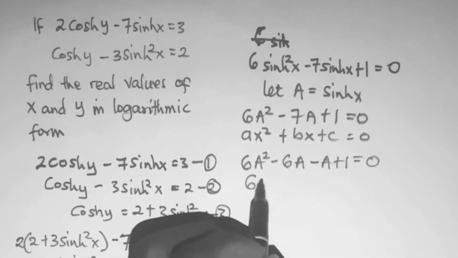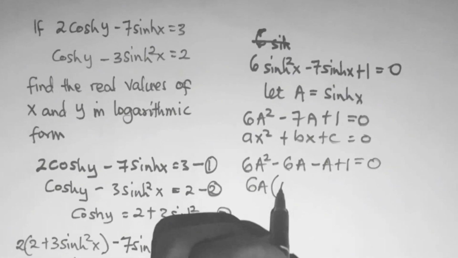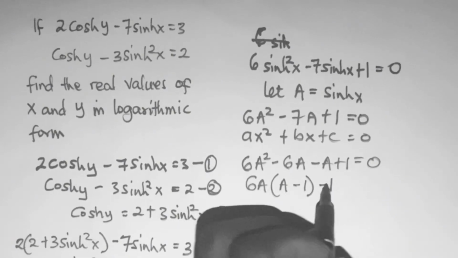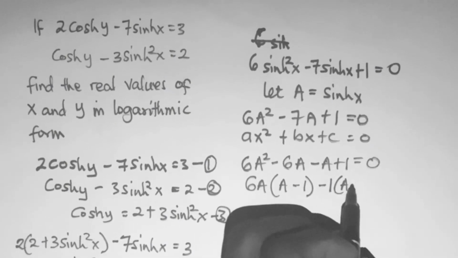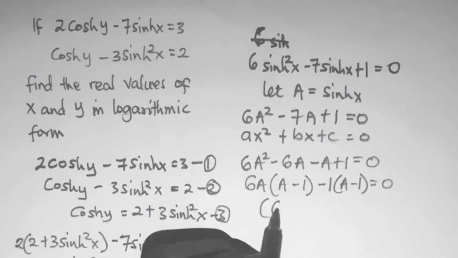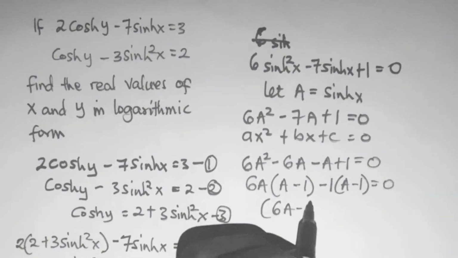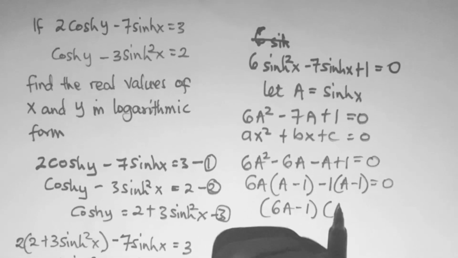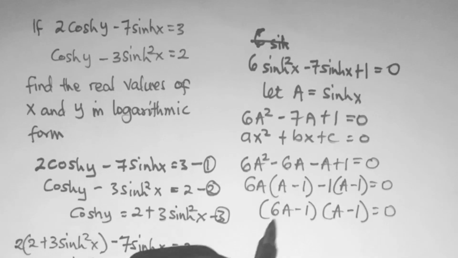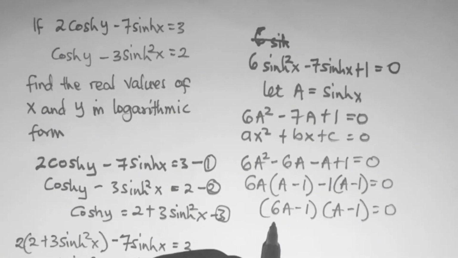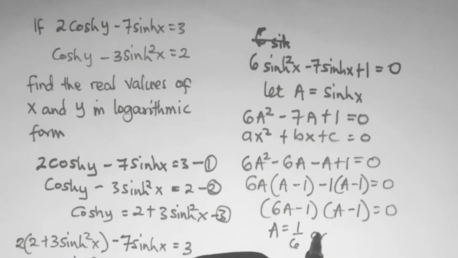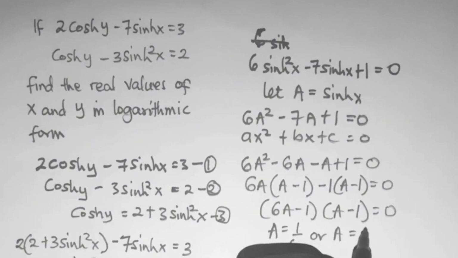Let's factorize 6a out. We are left with a minus 1. Then here let's factorize minus 1 out. We are left with a minus 1 equals 0. So in one bracket we have 6a minus 1, then in another bracket we have a minus 1 equals 0. So the values of a are: a is equal to 1 over 6, or a is equal to 1.